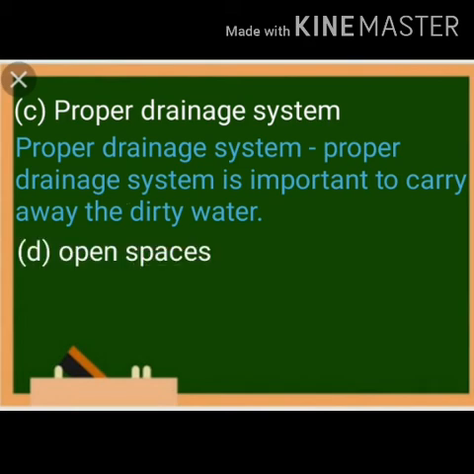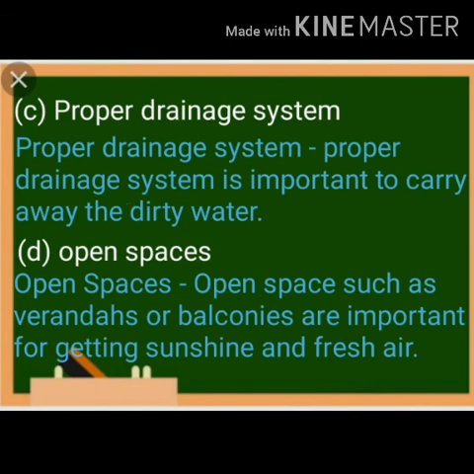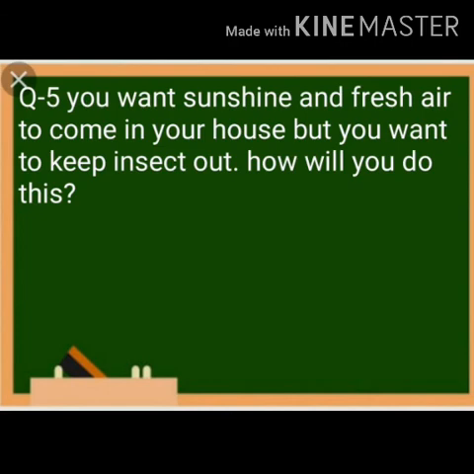D. Open spaces. Open spaces such as verandas or balconies are important for getting sunshine and fresh air. Now last question. You want sunshine and fresh air to come in your house, but you want to keep insects out.